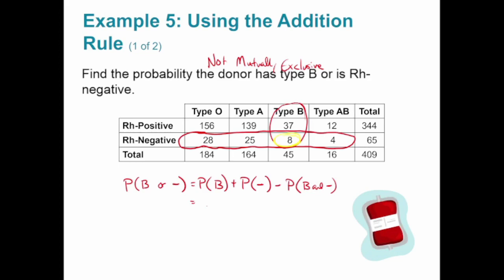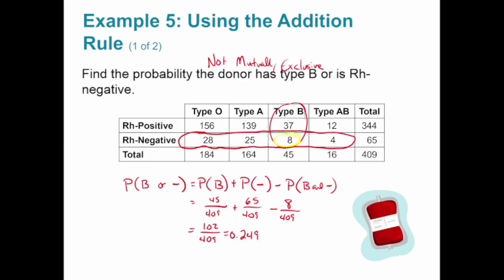So the probability of having type B blood is 45 out of our 409 people, plus the probability you have Rh negative, 65 out of the 409, minus the overlap we counted twice, those 8 people who have both type B and Rh negative blood, out of the 409 people. We do that math and you end up with 102 out of 409, or 0.249 for your probability.